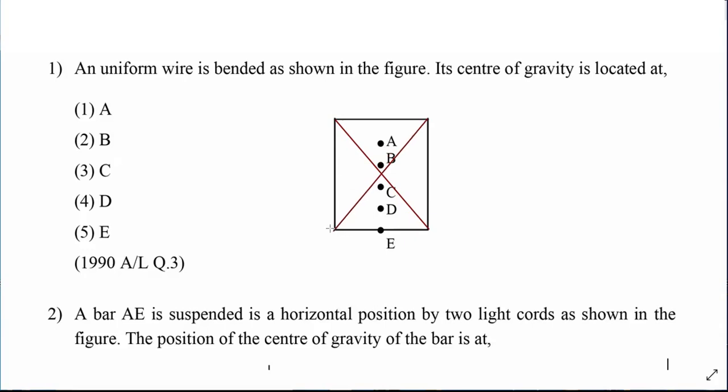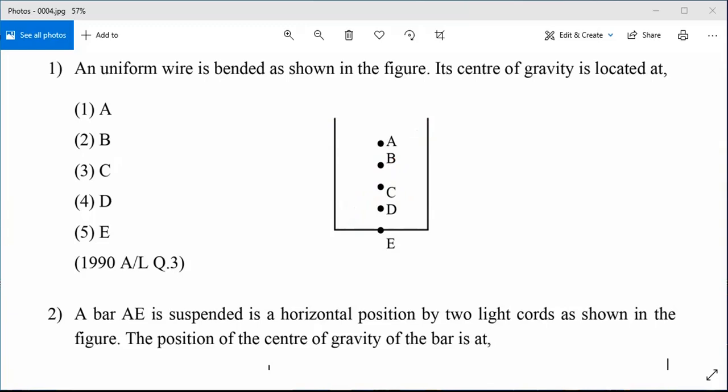The point where the two lines meet is the center of gravity. If the fourth end is also closed, but unfortunately, the fourth end is not closed. So therefore, we have to use another method.